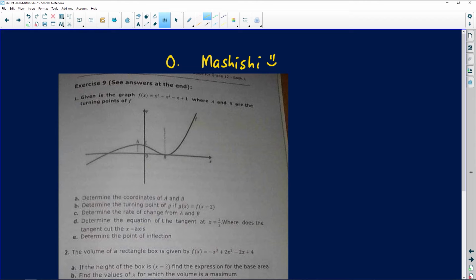Now, you guys should know that at the turning point, the graph is neither increasing nor decreasing. At the turning point, the graph is stationary, okay? Remember, the gradient of the graph is indicated by its derivative. And at the turning point, the derivative is 0. When the graph is increasing, the derivative of the graph is positive.